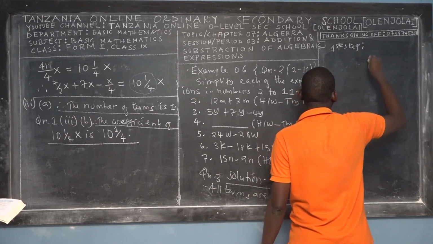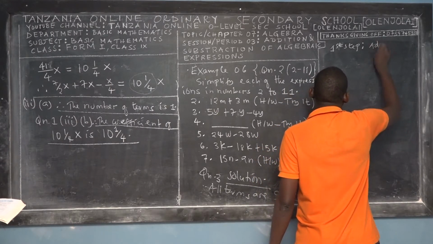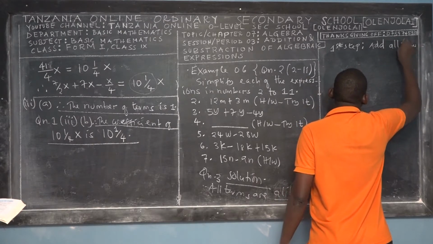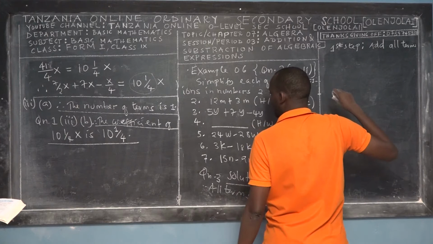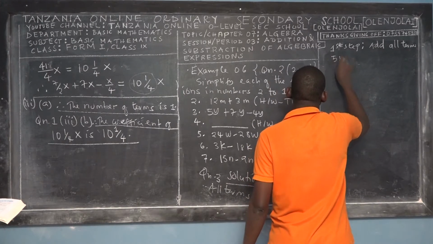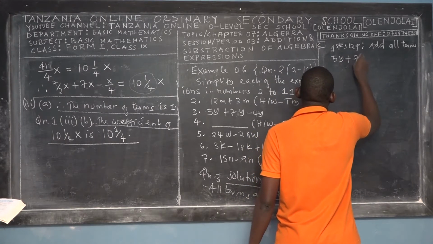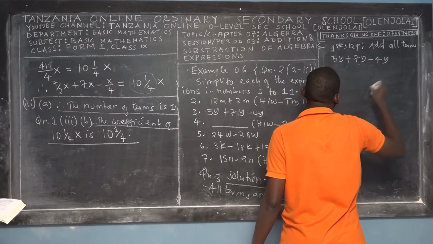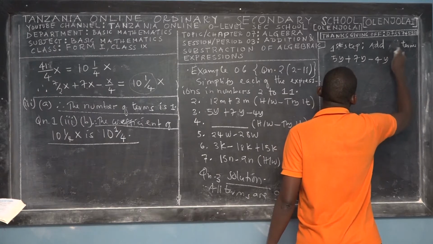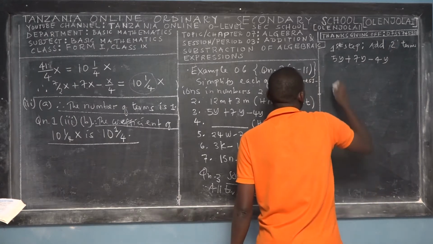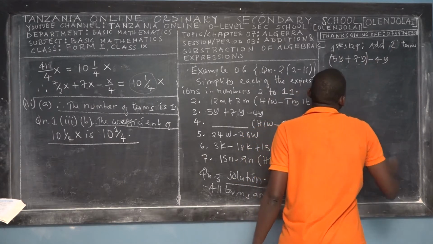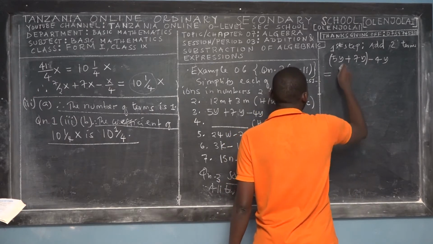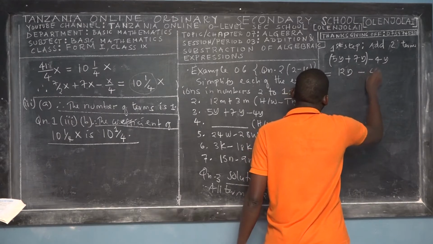So the first step we say that add all terms. What are the terms that we have? It is 5y plus 7y minus 4y, right? So add the first 2 terms first. If you add them, 5y plus 7y, this makes 12y minus what?